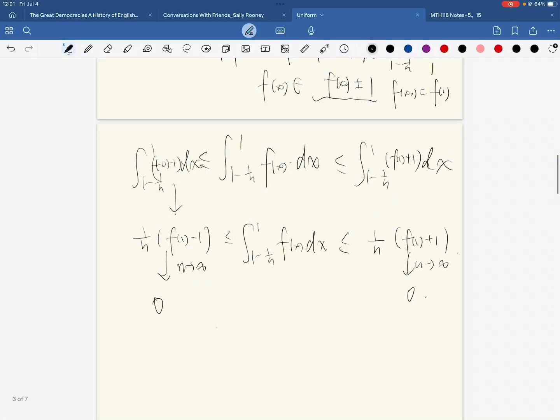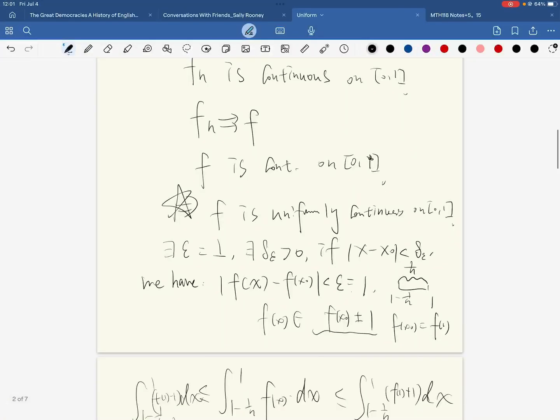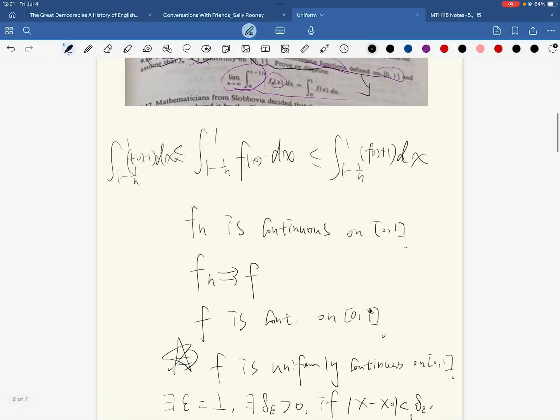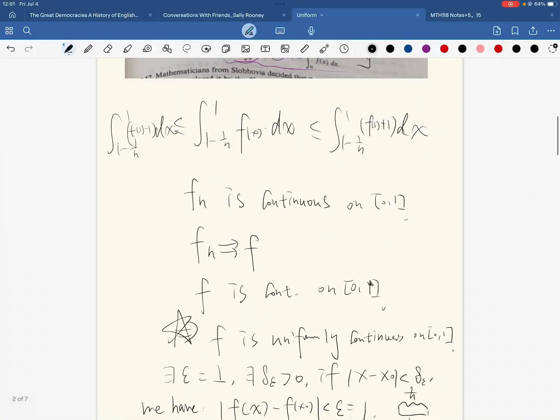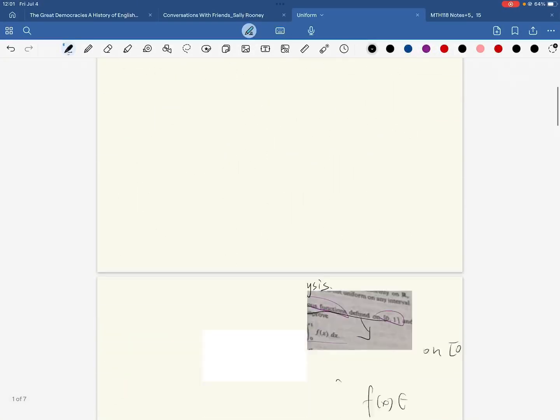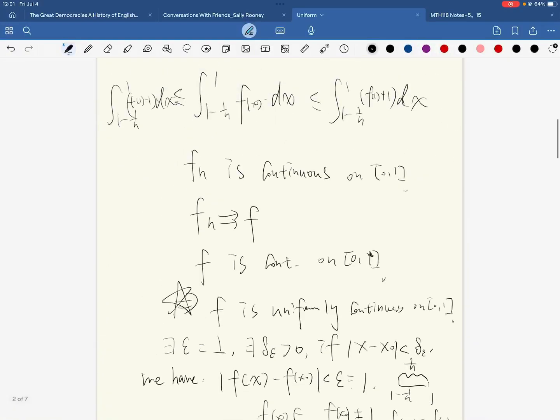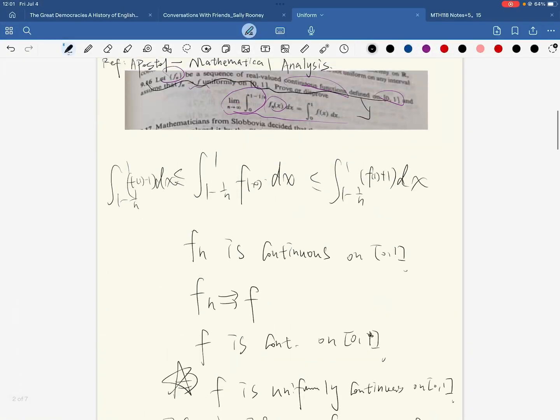So we finish our proof. So what we write here is true, so we have proved this.